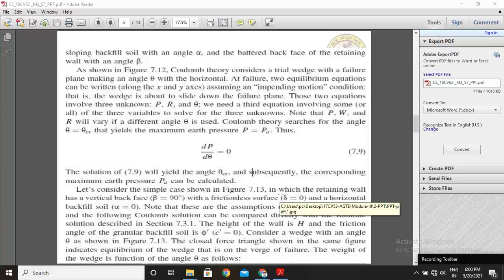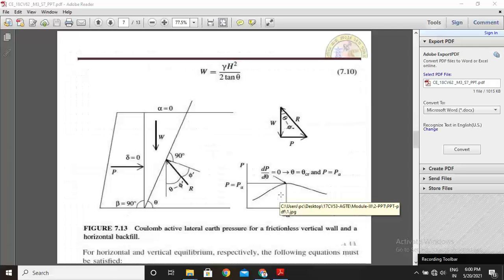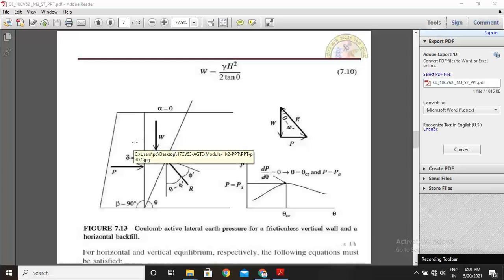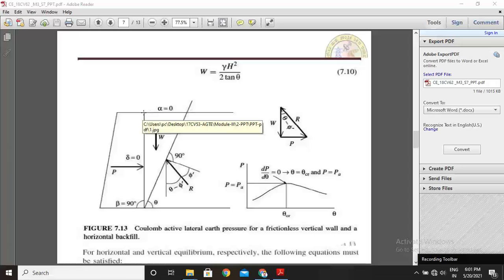Let us consider the simple case shown in figure 7.13. This is figure 7.13, Coulomb active lateral earth pressure for a frictionless vertical wall and a horizontal backfill. So this is a retaining wall, and here the wall is vertical, the top surface is horizontal, that is alpha equal to 0.